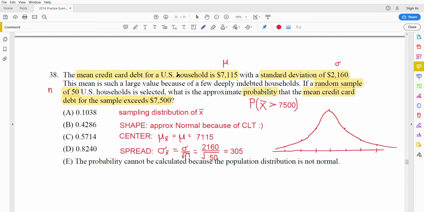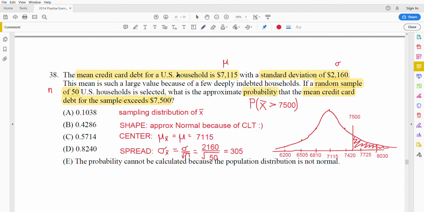So the mean or center of the sampling distribution is 7,115, and then we're going to use an increment of 305 to get everything else. So just do this really quickly. I added the value 305 3 consecutive times, and then I subtracted it 3 consecutive times. Okay. All right, so the area of interest is going to start at 7,500, and we're going to shade the area to the right because it's a greater than sign.